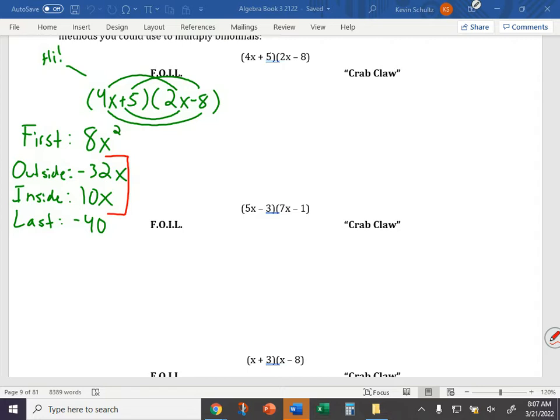Your outside and inside terms should both have an x in them, which means that we can combine them for a final answer of 8x squared minus 22x minus 40. Okay? 8x squared minus 22x minus 40 for our final answer.